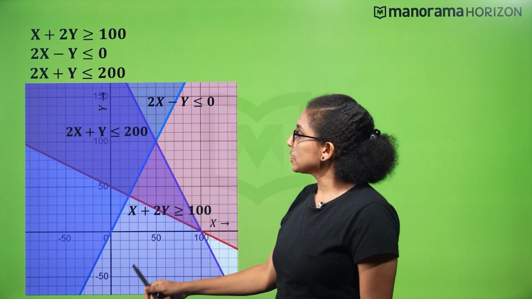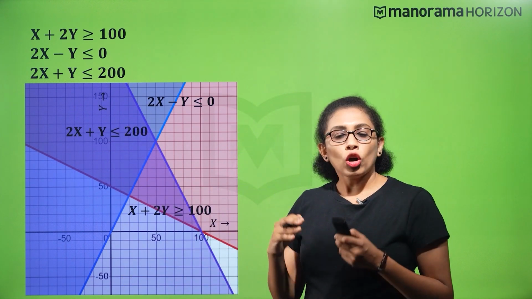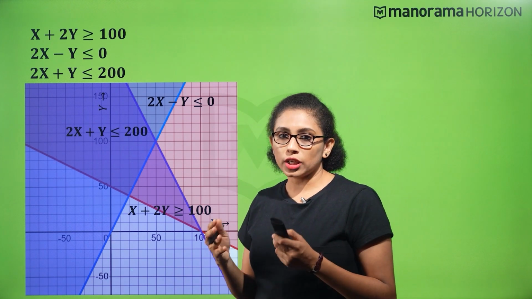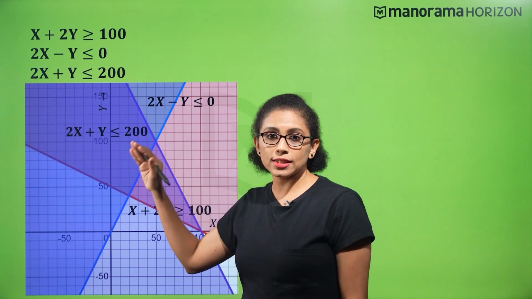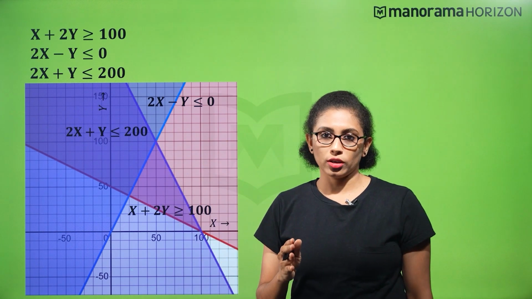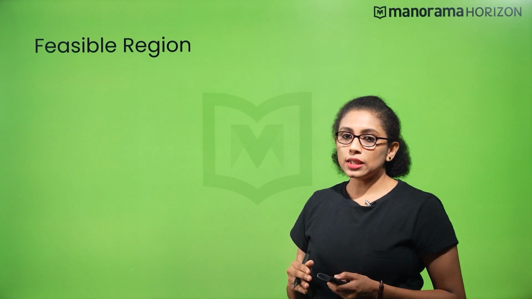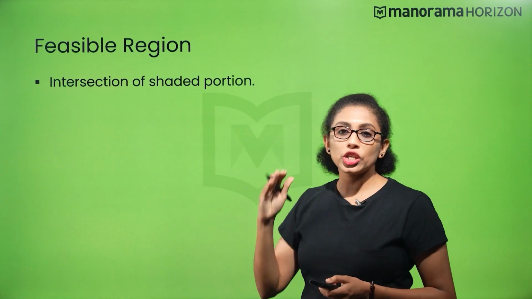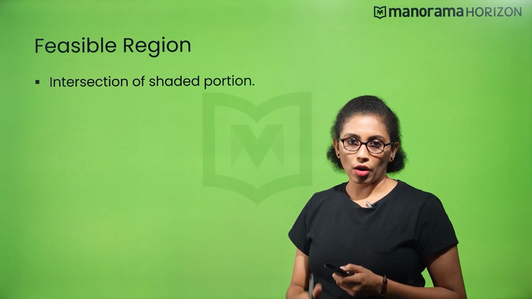Now the third constraint, 2x plus y less than or equal to 200. On plotting the graph of the equations, we observe that the shaded portion is the feasible solution, right? Now, the feasible region is the intersection of the shaded portions, which we have seen just now in the graph.